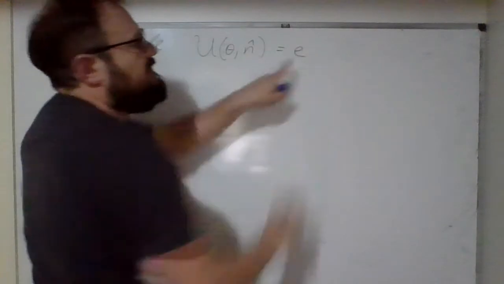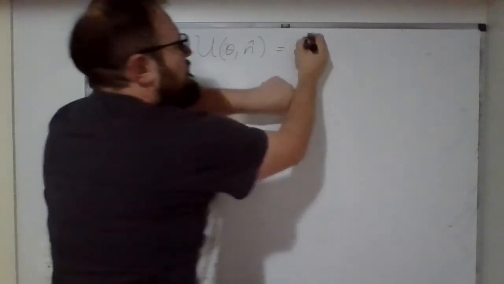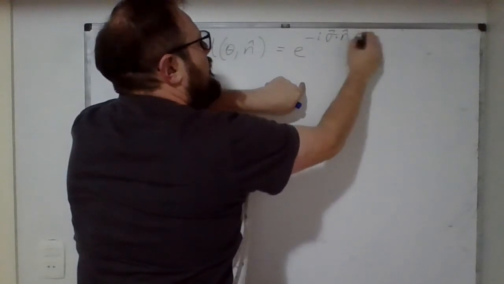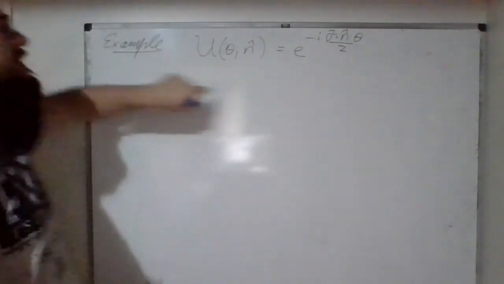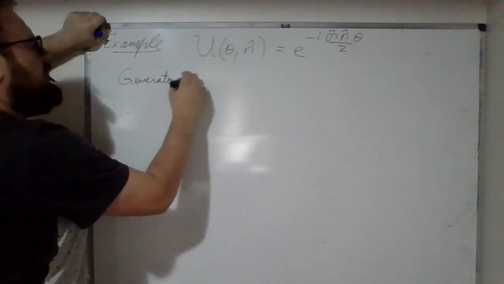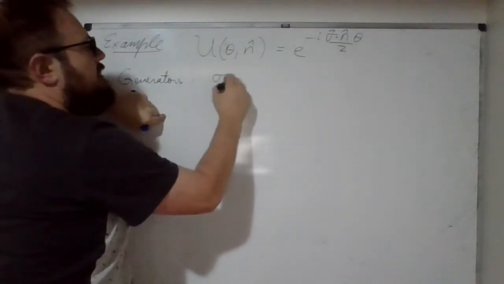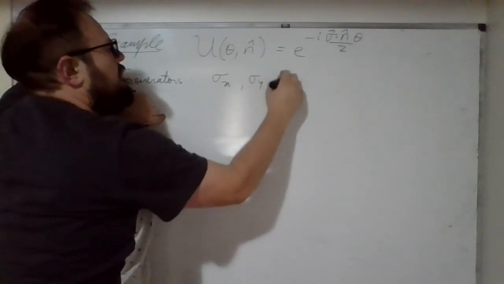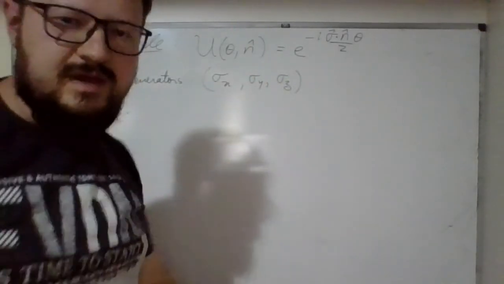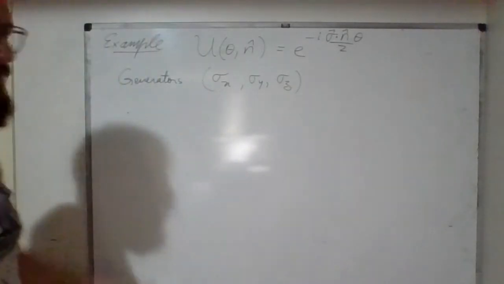The elements of the group are given by this. Okay, the generators are the Pauli matrices.